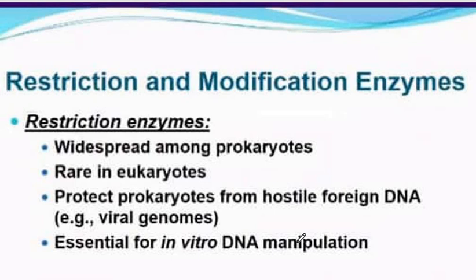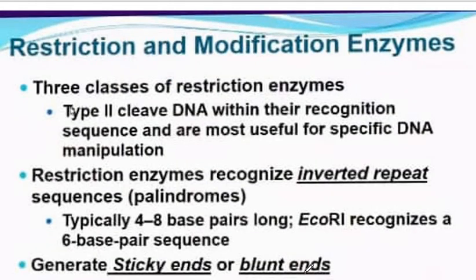Restriction enzymes are widespread among prokaryotes and rare in eukaryotes, and protect prokaryotes from hostile foreign DNA, for example viral genomes, and they are essential for in vitro DNA manipulation.